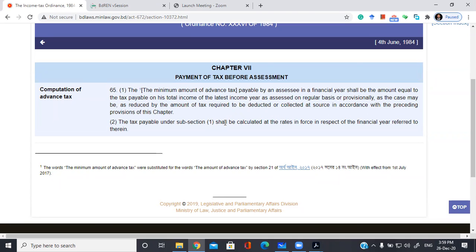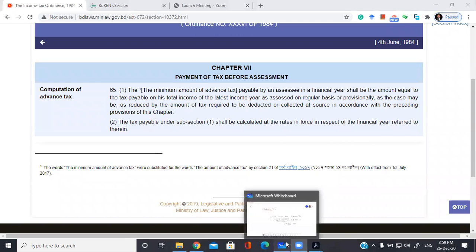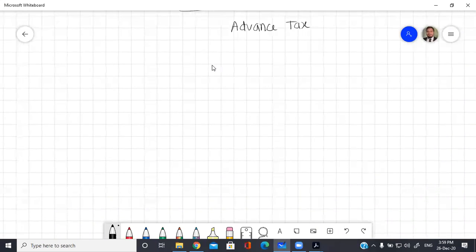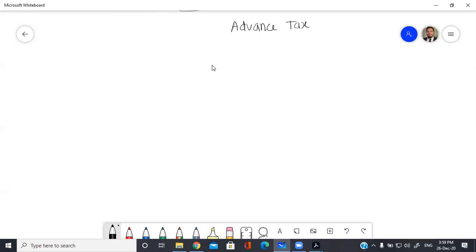Okay. So the thing is like that. If your income in the latest income year, which is currently undergoing, you have provisionally estimated that when it is finished you will have approximately, say, 10 million taxable income. Now you have applied the slabs. Can you recall the slabs? 300,000, 100,000, 400,000, 500,000.